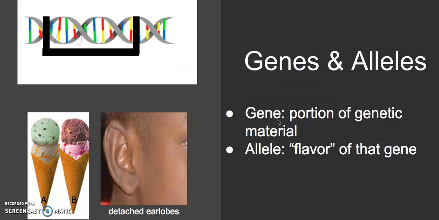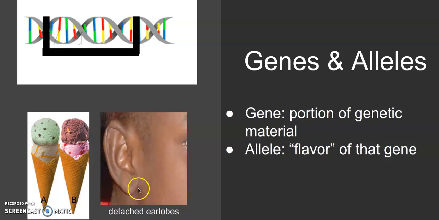Genes have different versions called alleles. You have two versions of each gene, so two alleles for every single gene, because you have two versions of every single chromosome, one from your mom, one from your dad. And alleles, again, are versions of genes, so they code for things like traits.